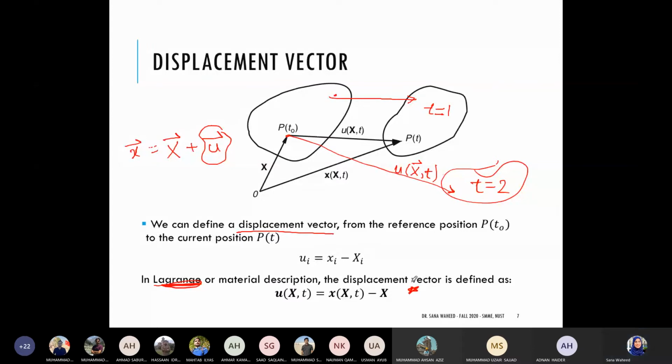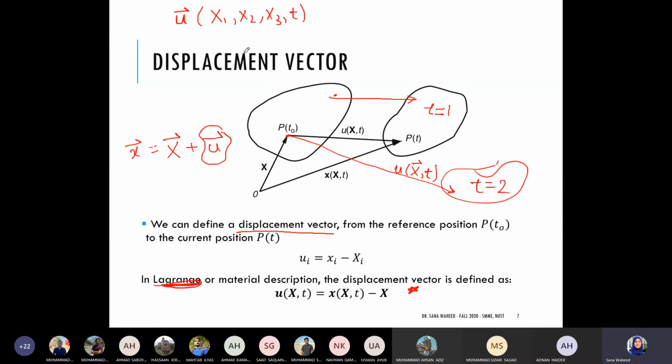Okay? Please observe that the displacement u is a function of capital X. That means u is a whole vector which is a function of each of x1, x2, x3 and then of course their time.